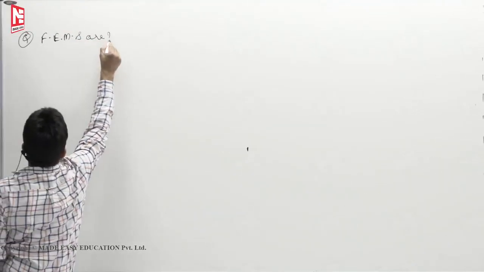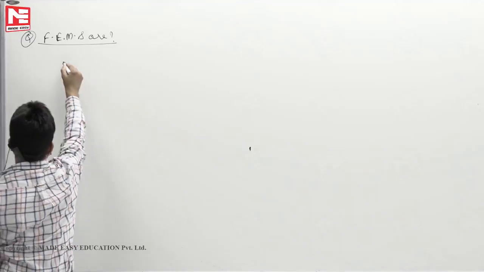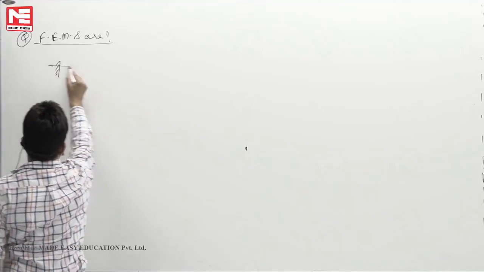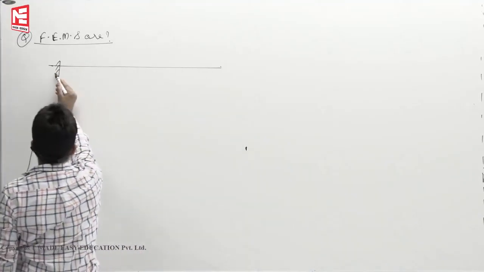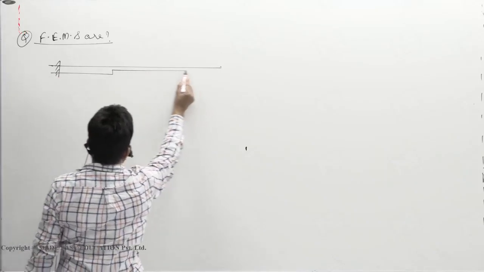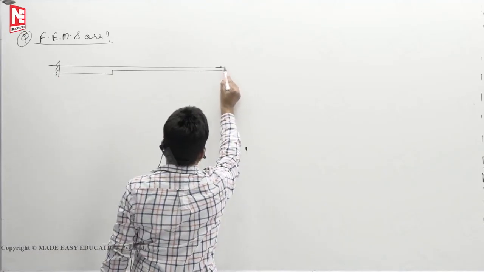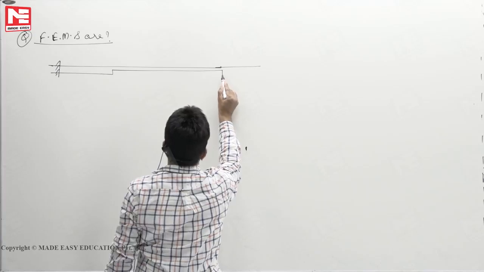They give you the beam and assume that I values are different.